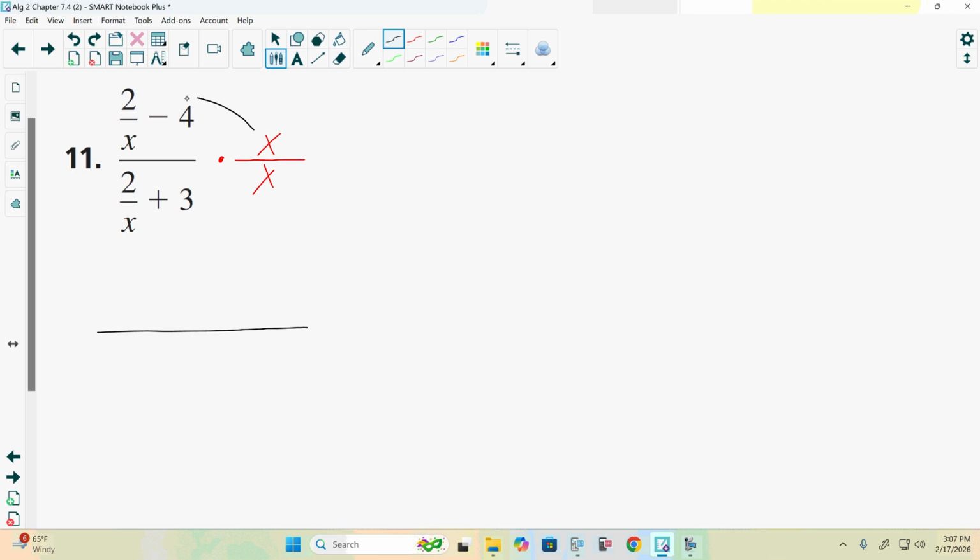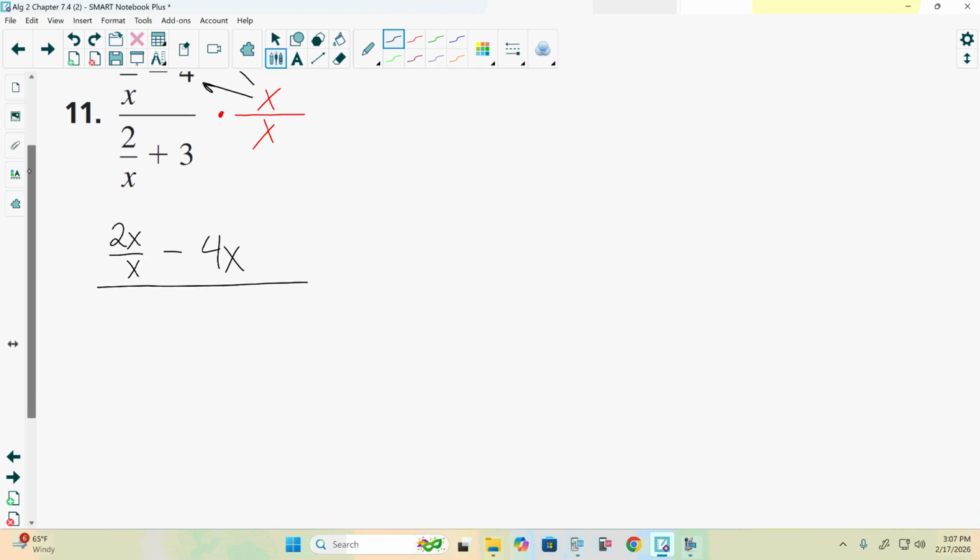Now, the x is going to be multiplied with our 2 over x, giving us 2x over x, minus, when we multiply it with the 4, we get what? 4x. We'll do the same thing on bottom.